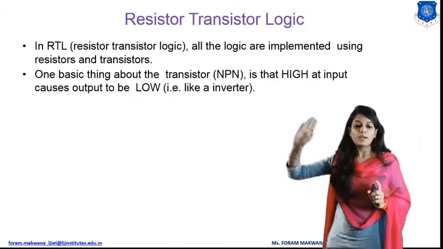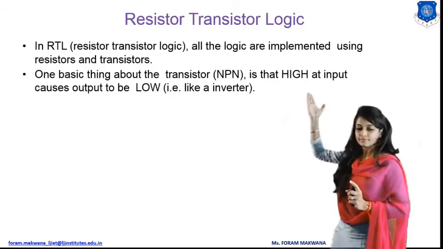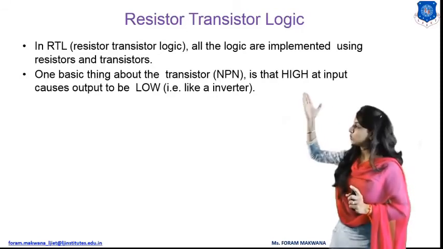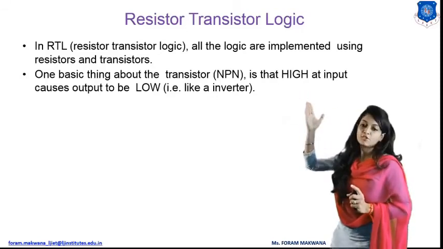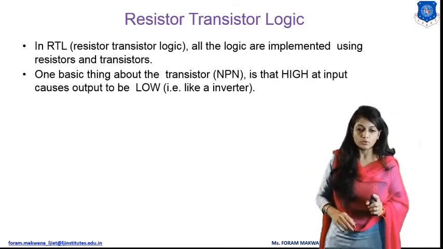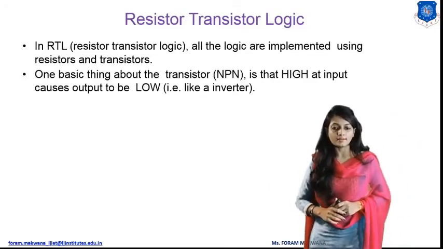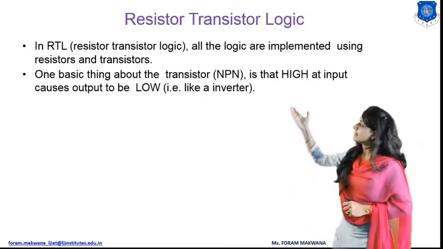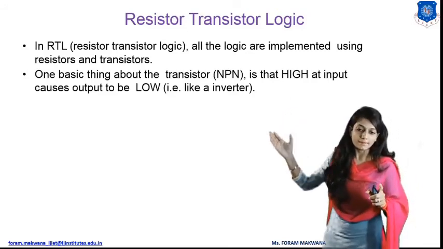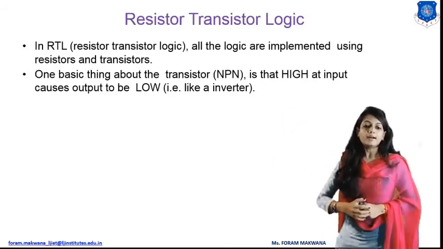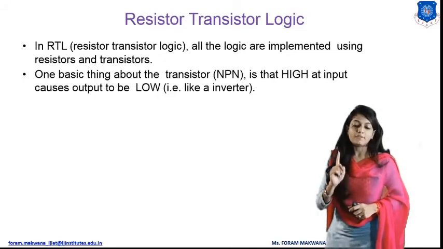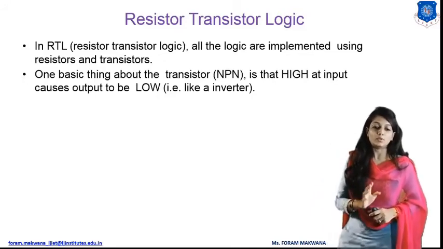Alright. So when I apply a high, or logic 1, to the input signal, it causes my output to be low. So I can say that it will act as an inverter. We know that in a NOT gate, when I apply logic 1 to the NOT gate, it gives me the output logic 0.